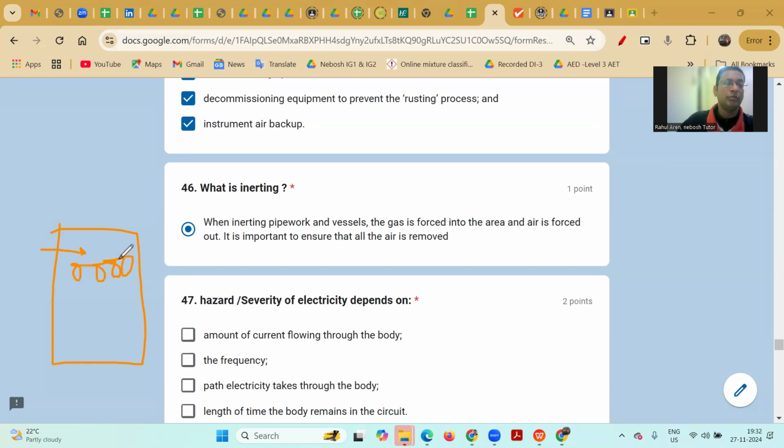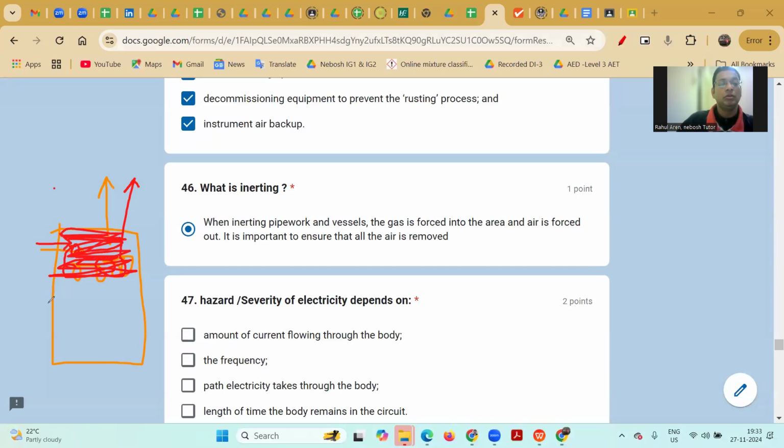This vapor coming in contact with an ignition source or being released into the atmosphere leads to fire and explosion. So for inerting activities, we supply the inert gas. The inert gas will push this vapor out first, and it will occupy this area. So this is the inert gas system.